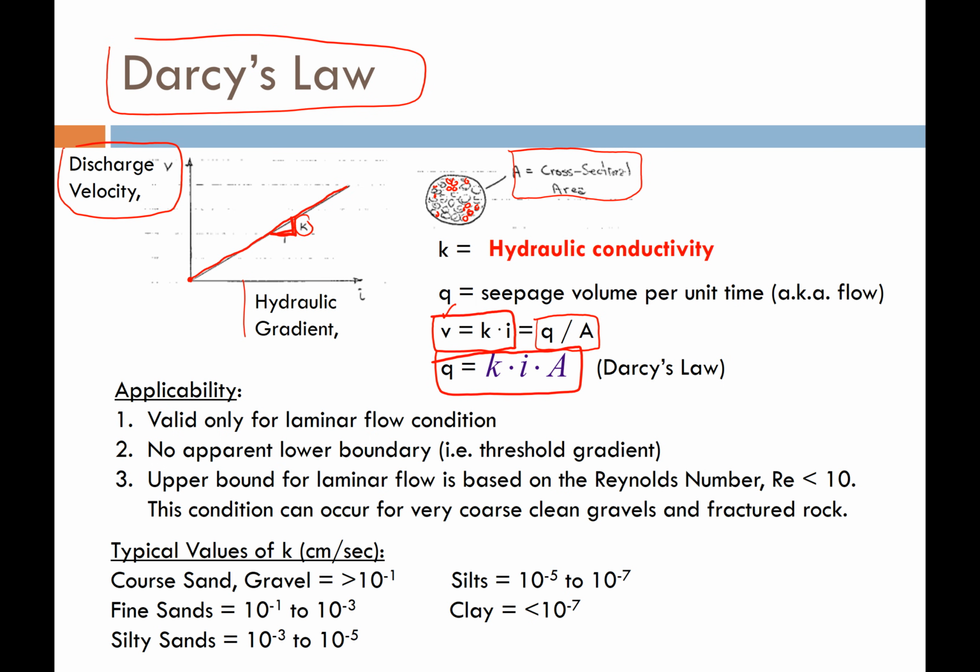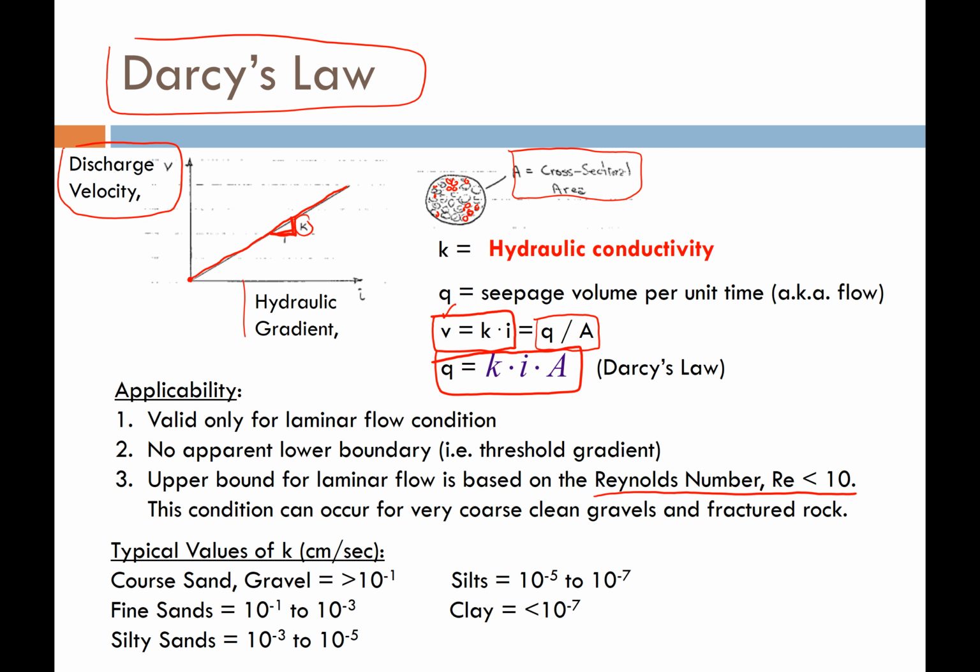A few things we need to be aware of about Darcy's law. It's only valid for laminar flow conditions, so really, really slow flowing fluids. There is no apparent lower boundary for this flow, meaning it can go all the way down to 0 and the law still holds. But the upper boundary for laminar flow is when we have a Reynolds number that is less than 10.